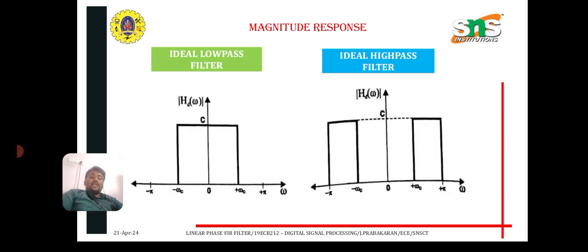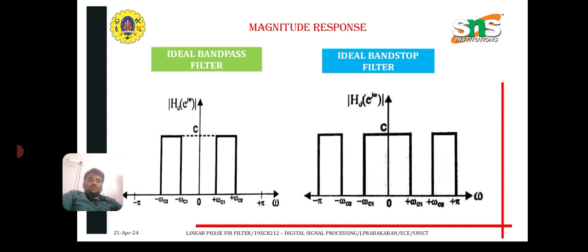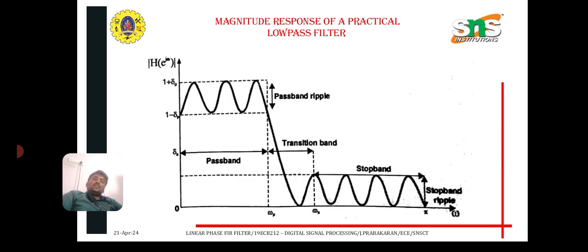This is the ideal magnitude response of the low pass filter, high pass filter, band pass filter, and band limit filter. A band limit filter and a band stop filter are both the same.